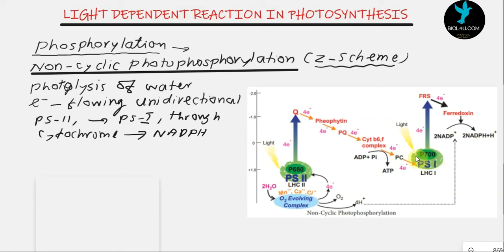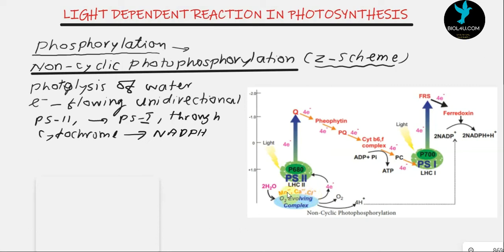Meanwhile, before that, the water molecule is splitting. Here in PS2, the water molecule splits, and the splitting of the water molecule requires light energy. At the same time it requires 3 minerals, manganese, calcium and chlorine.